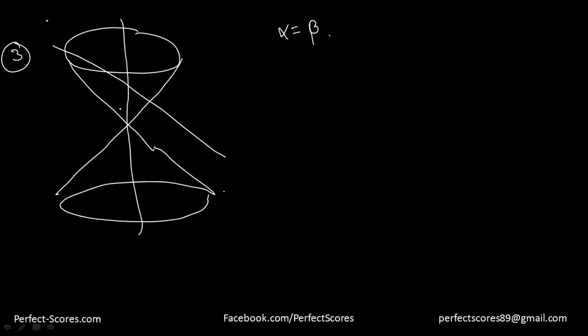Now in that case, the kind of section that I'm going to get is going to be something of this sort, right? So this is what I'm going to get, which is going to be a parabola. So that is something which is called a parabola.